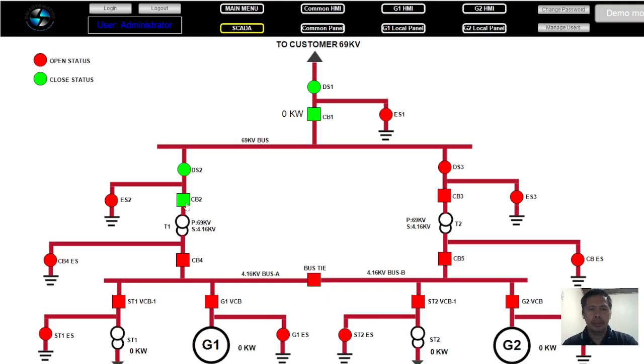We will close this. We will also close the transformer too. To close this, we will close the S3 and the CB3. So now this portion is live until this point. The medium voltage switchgear can be found here at the common panel.